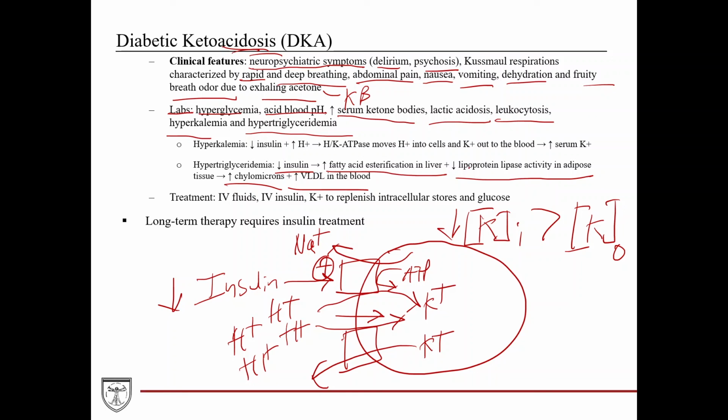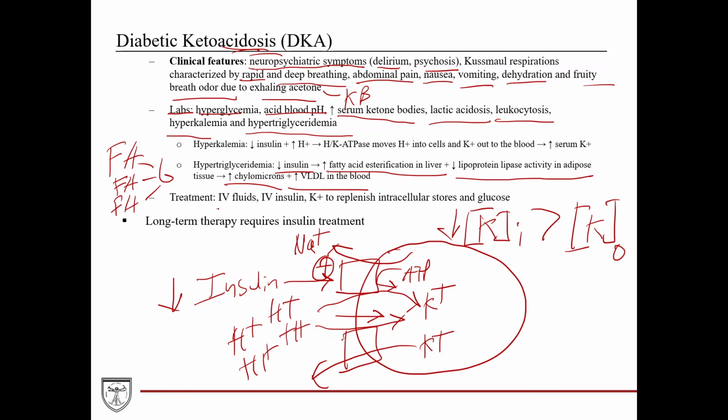You're also increasing esterification, where you're combining fatty acids with glycerol, the sugar molecule that gets bound to all 3 fatty acids. So you have an increase of that and decreased breakdown, so you're going to store them in chylomicrons and VLDL.